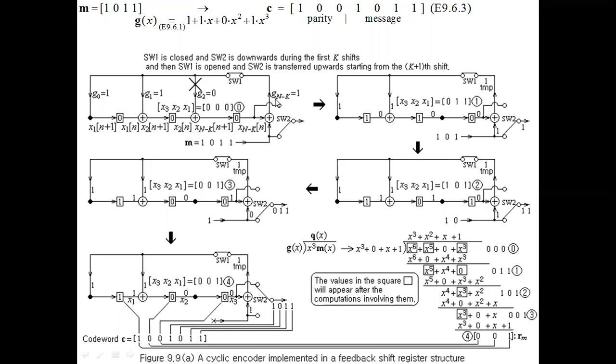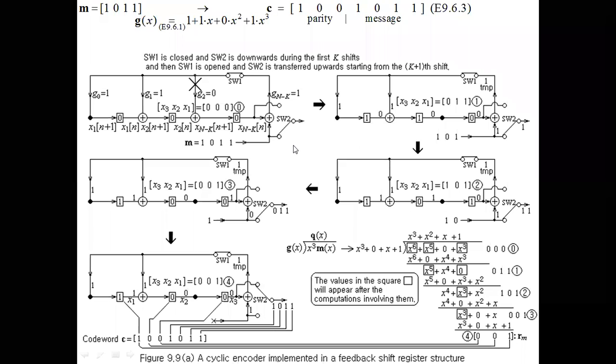That is the parity bits. A number of code words, k number of message bits are there. n minus k is equal to p. That is the parity bits. Here the parity bits are represented as the highest order polynomial of the generator. The highest order polynomial is 3 because n is equal to 7, k is equal to 4, 7 minus 4 is 3. That is the highest order polynomial.